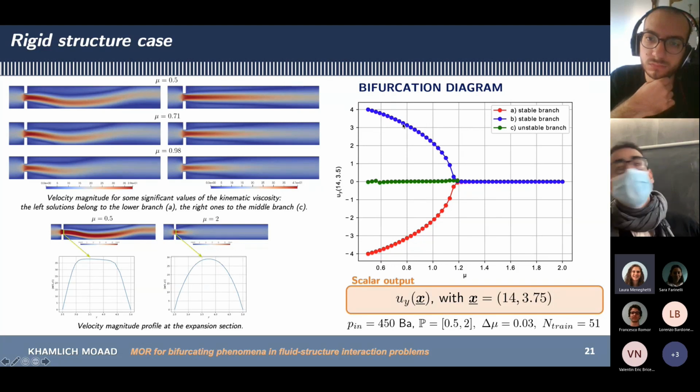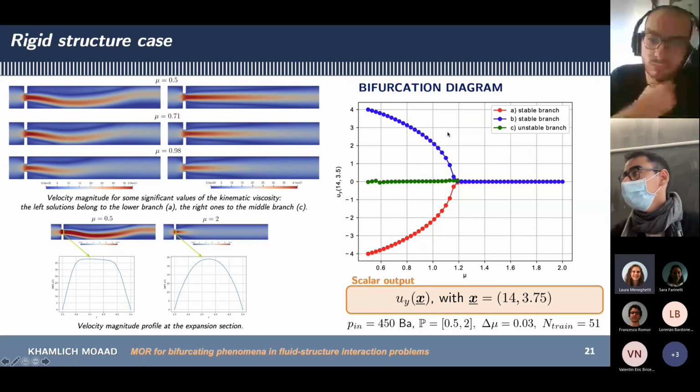But if you really want to obtain the other branch starting from the solution of one, a thing that you can do is just reflecting the field and using that as an initial guess in order to obtain the other branch.